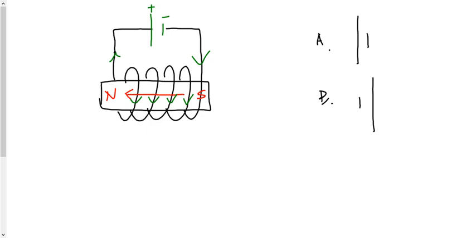Conventional current would leave the positive, go to the negative, so the battery would be oriented the same way, no matter which hand and which current you used. Make sure that makes sense? So working backwards, instead of saying, I know which way my fingers point, which way does my thumb point, this time I know which way my thumb points, which way do my fingers point.